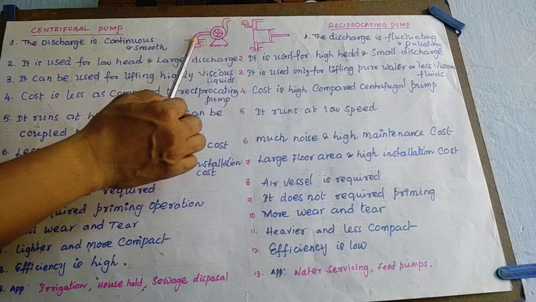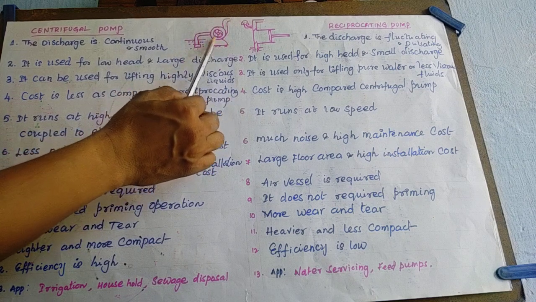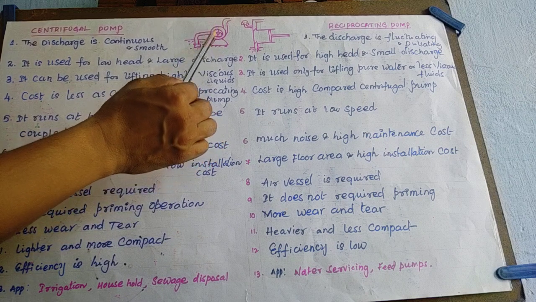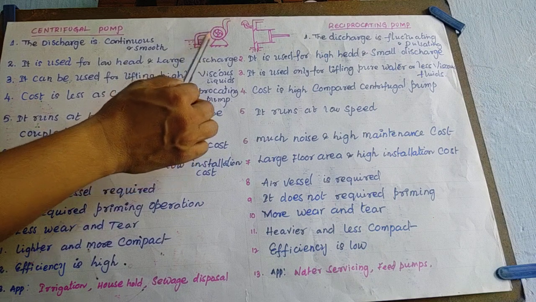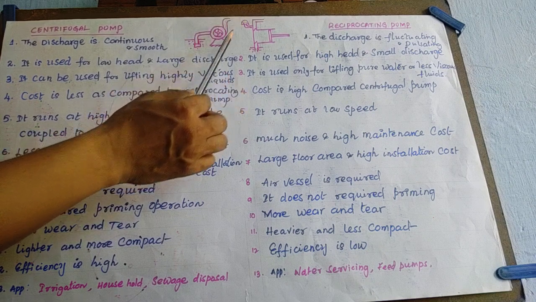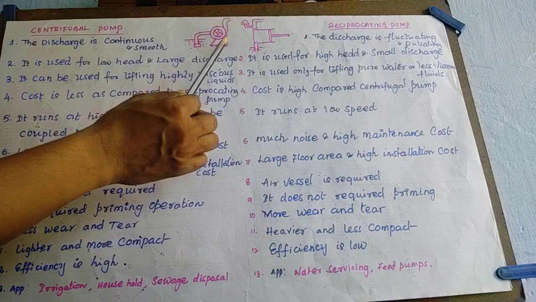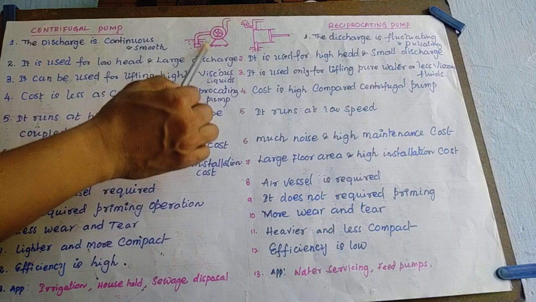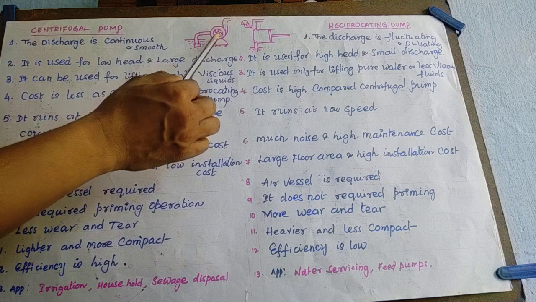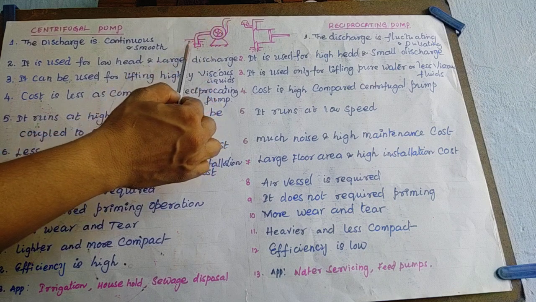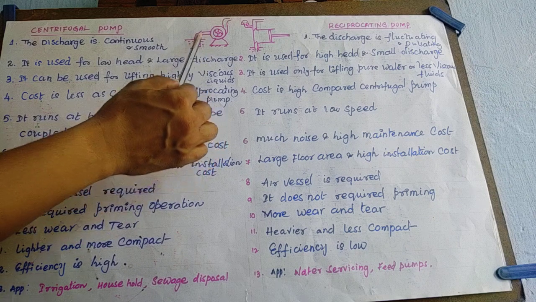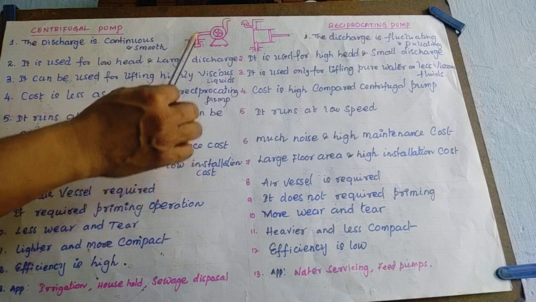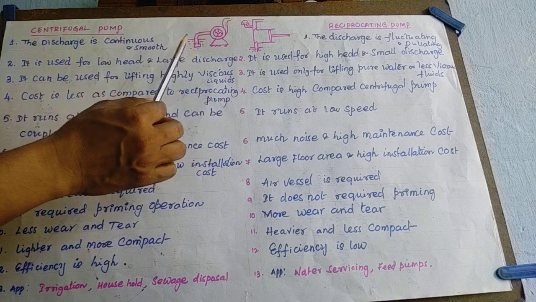Otherwise, if it is occupied with air, it won't make any suction at the impeller part, so it won't supply the water to the discharge tube. It will run only without water. When it is running without water, that will burn the motor as well as the impeller, and all will be damaged easily. In order to avoid that, we always have to fill this suction pipe with water. That filling of the water is known as the priming operation.